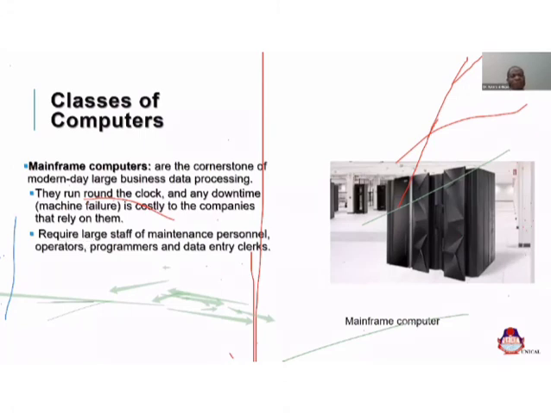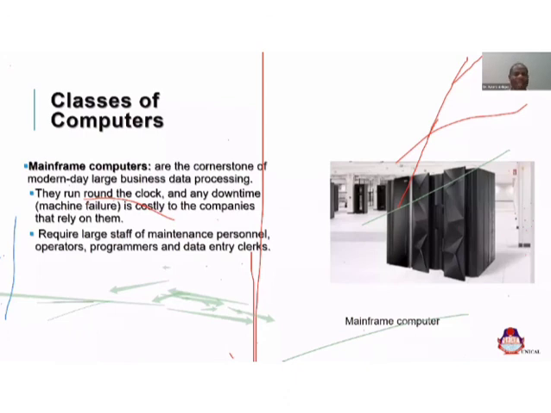So the mainframe computers must run around the clock, and they must have a retinue of operators, maintenance personnel, programmers, and data entry clerks all working to keep the computers functional and doing what they're supposed to do, because the computers must process millions of requests at any given time. Just as you're using your computer to access your bank and see your balance, people across the world, wherever a branch of that bank is, could be using the same mainframe to access their banking information.